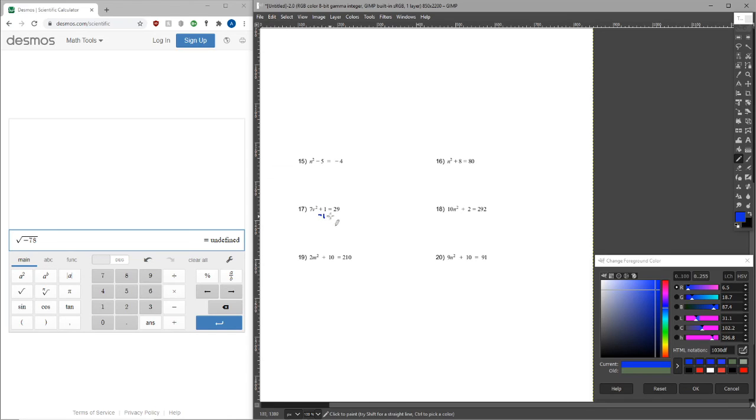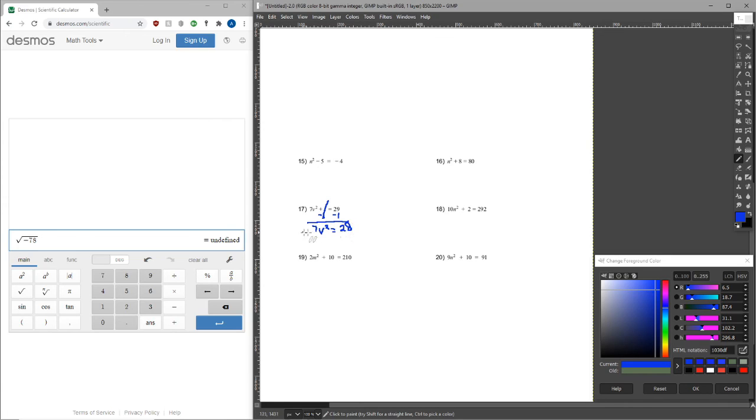So subtract 1 from both sides. Draw a line because you're done with that step. 1 minus 1 is 0, so we'll cross it out. And that leaves 7v squared on the left-hand side. 29 minus 1 is 28.